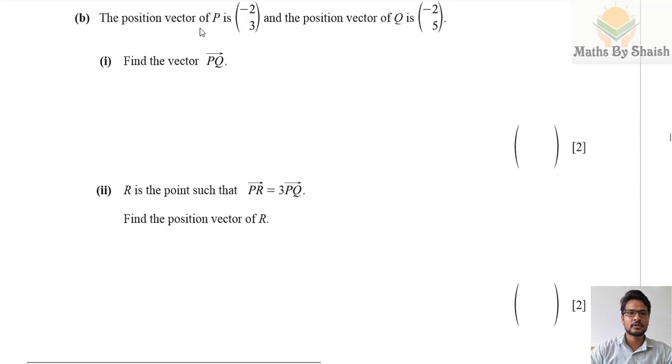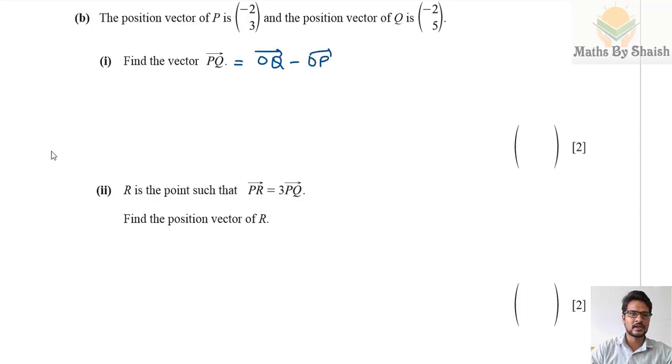B part: the position vector of P is (minus 2, 3), and the position vector of Q is (minus 2, 5). Find the vector PQ. So PQ is OQ minus OP.